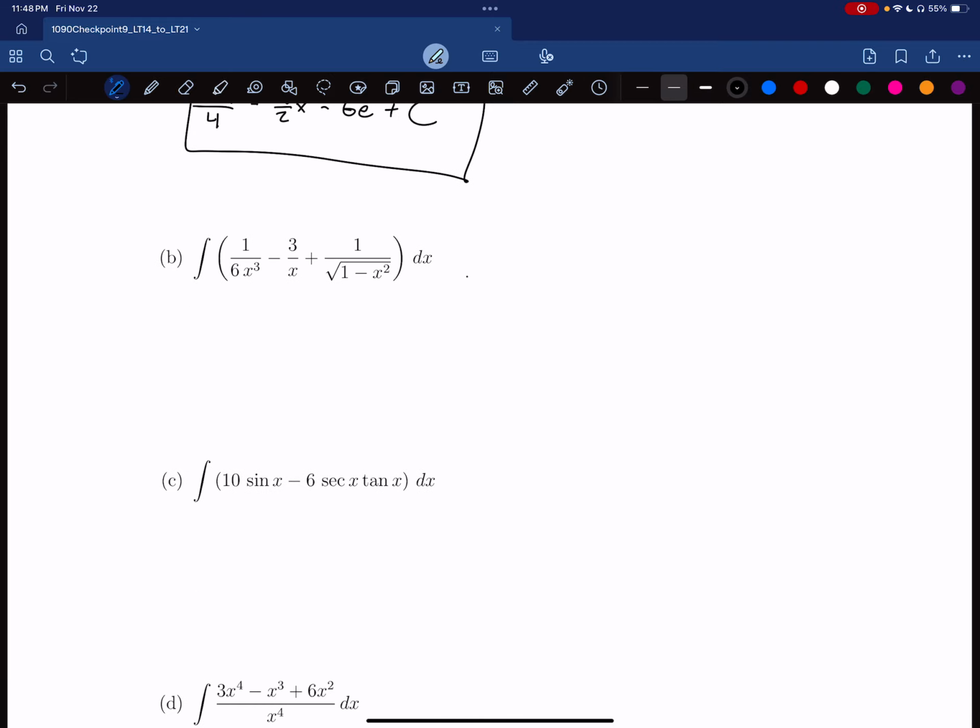Alrighty. I'm going to do a little bit of rewriting for this next integral to make it easier to use the reverse power rule. I'm going to recognize that this is the same as 1/6 times x to the negative 3 minus 3. I'll leave it as 1 over x actually. And then same with that third term.